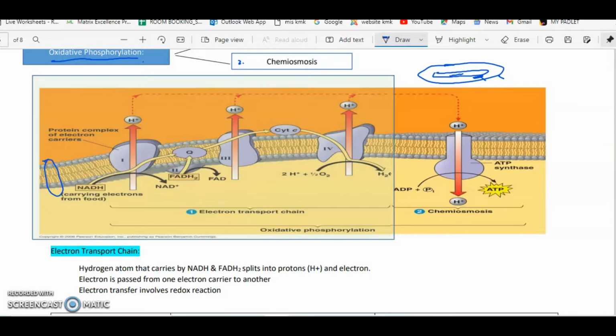Electron transfer involves redox reactions. So the electron transport chain involves the transfer of electrons from one electron carrier to another until the final electron acceptor, which is oxygen. During the process, it involves redox reactions, meaning one molecule is oxidized, and the one which receives the electron is reduced.